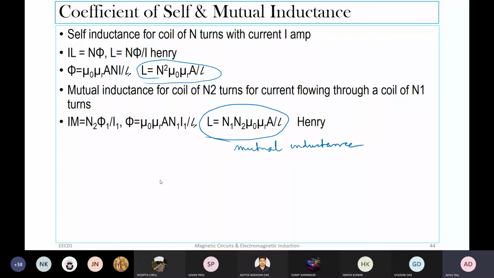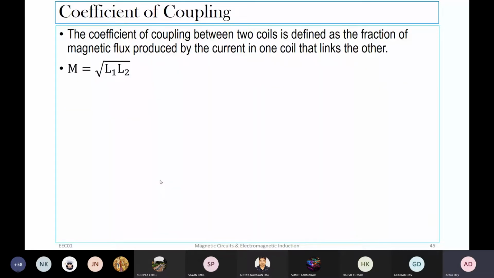So now, what is the coefficient of coupling? Coefficient of coupling between two coils is defined as the fraction of the magnetic flux produced by the current in one coil that links the other.